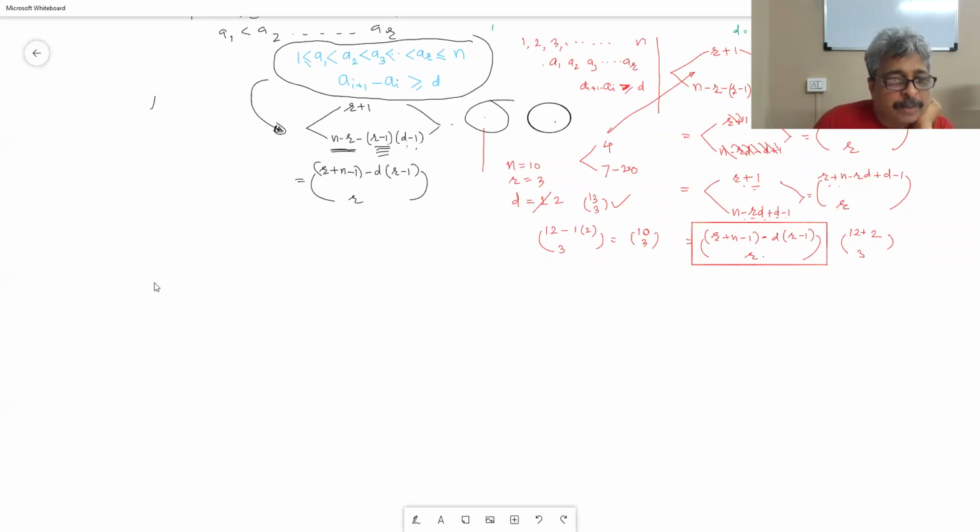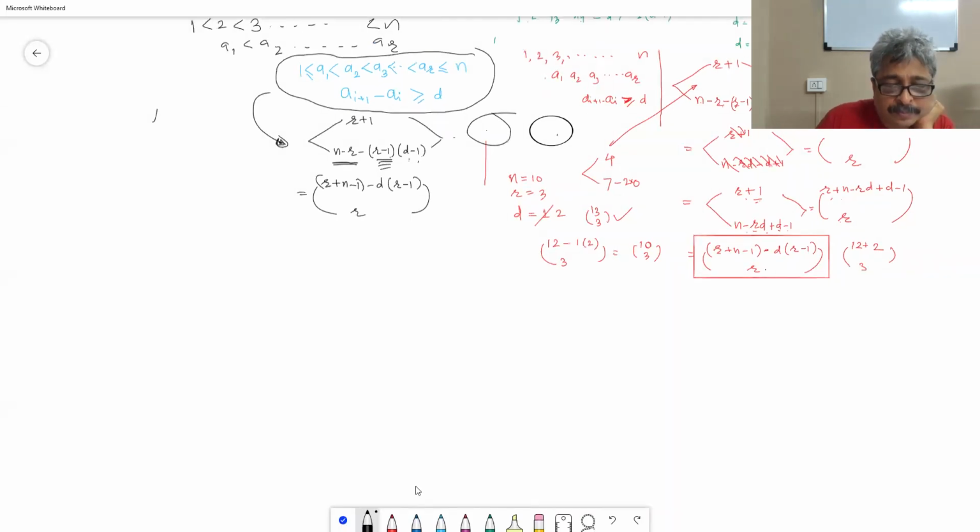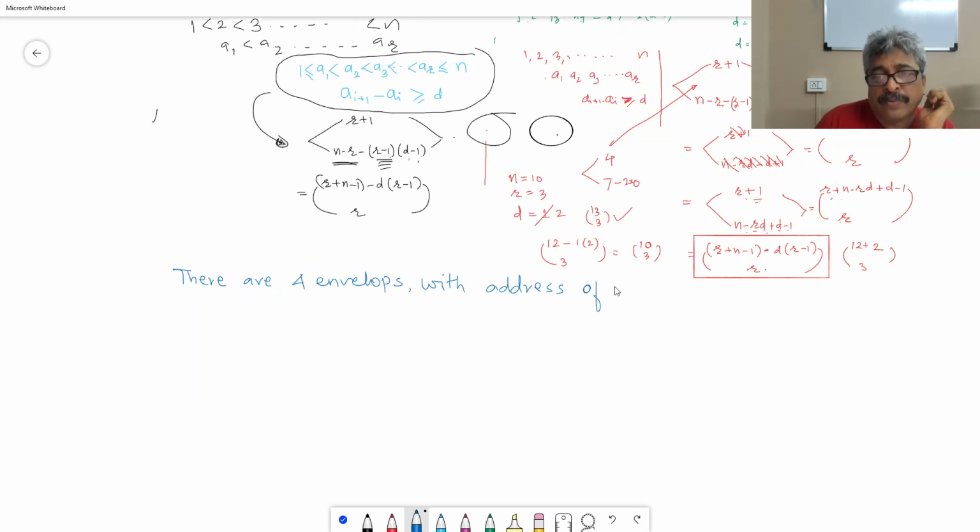There are 4 envelopes with addresses of A, B, C, D on it.